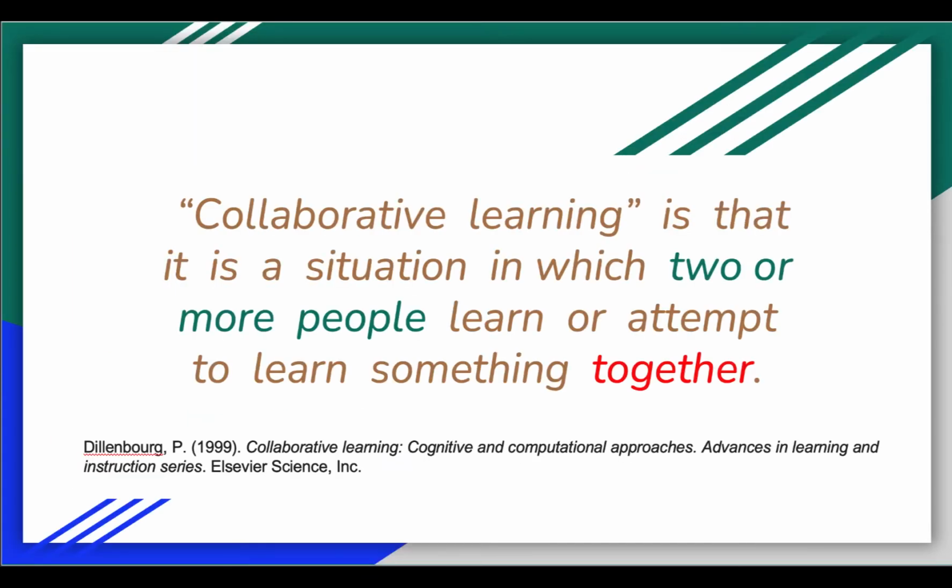First of all, we can start from the definition. This is one of the most cited definitions from one of the researchers. Collaborative learning is a situation in which two or more people learn or attempt to learn something together. Here there are two things. First, it can be at least two people, and also multiple people, 4, 6, etc. And second is together.